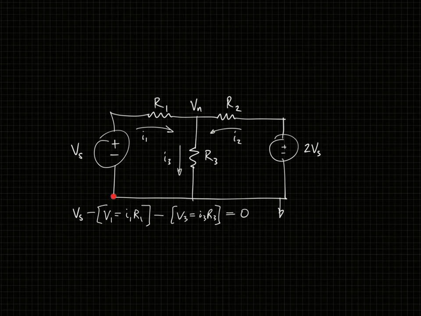So if I start here and I go up Vs, and then I'm calling this V1, I'm calling this V2, I'm calling this V3. So if I go up Vs, and then I go across R1, if I follow my polarities, I'm going down V1, so I'm minus V1.